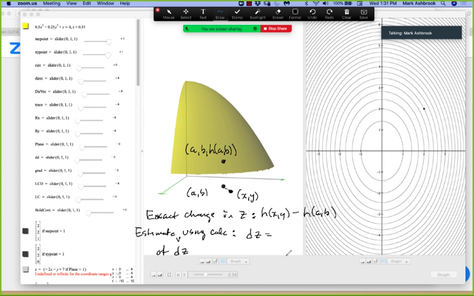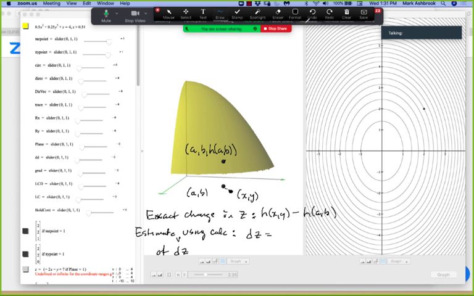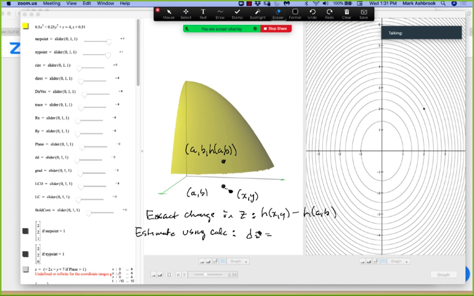Well, it's actually not an estimate of dz. It's an estimate of this, and it is truly equal to dz. But it's an estimate of our change in z. Okay, so just kind of clearing the language there. So dz stands for the estimate using calculus.